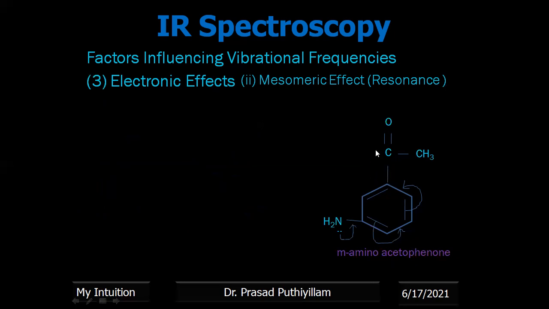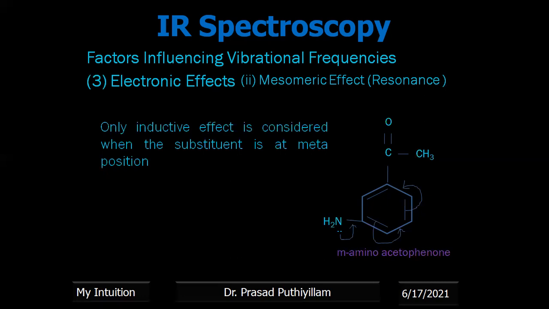Therefore, continuation of electron shift is not possible in case of a meta case. That means both ortho and para positions, if any substitution is there, will participate in resonance, whereas if it is in meta position, it cannot participate in resonance. Therefore, only inductive effect can be considered.